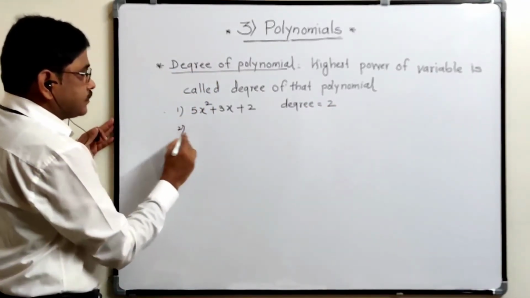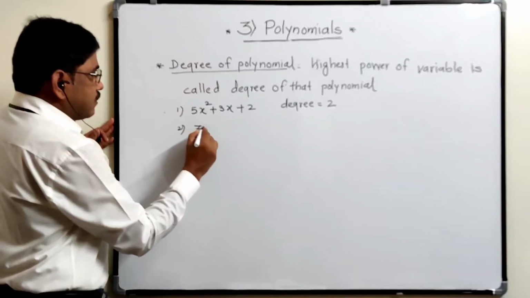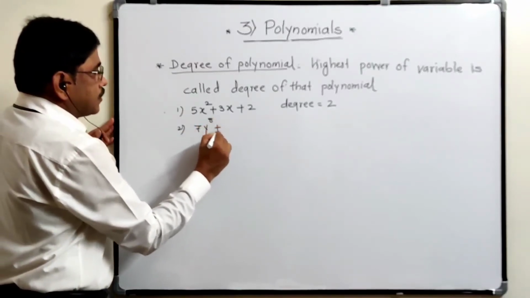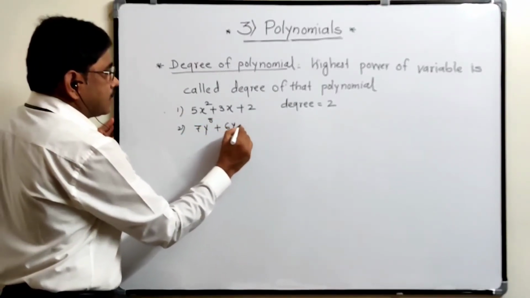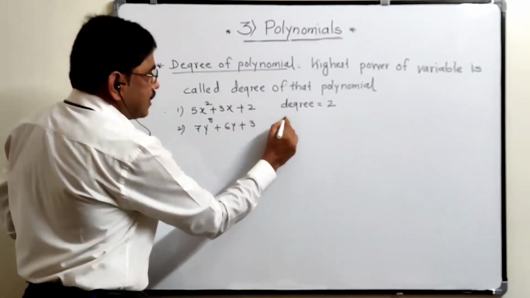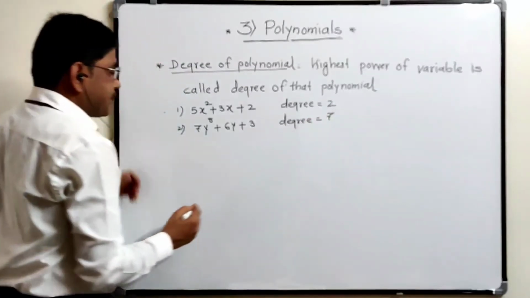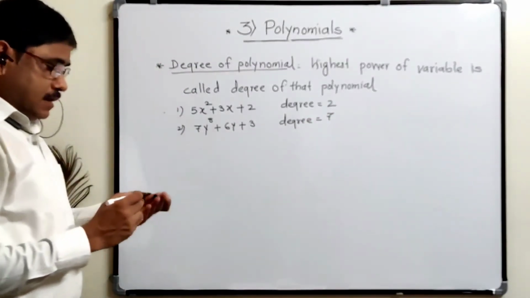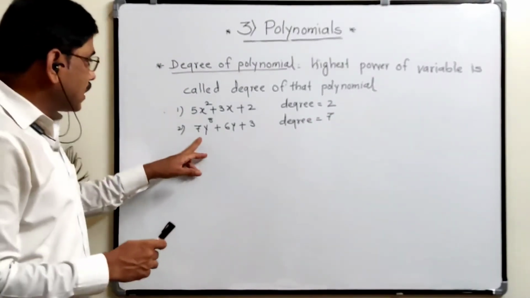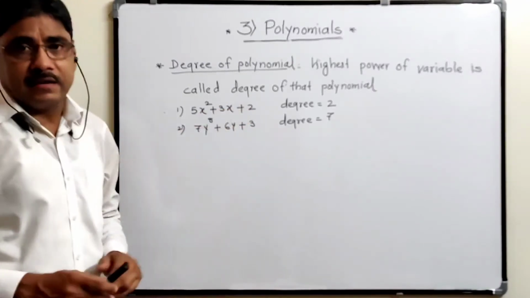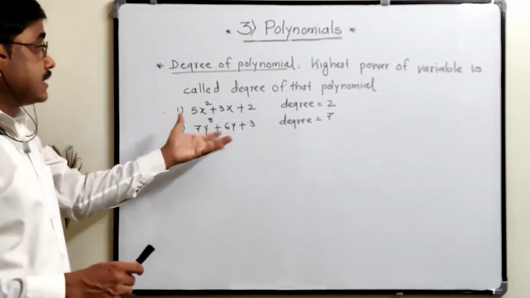Then second, this 7y raised to 7 plus 6y plus 3. Here highest power is 7, therefore degree is 7. So in this way, if single variable is there, meaning only y is there, or x is there, then we can write using this method.